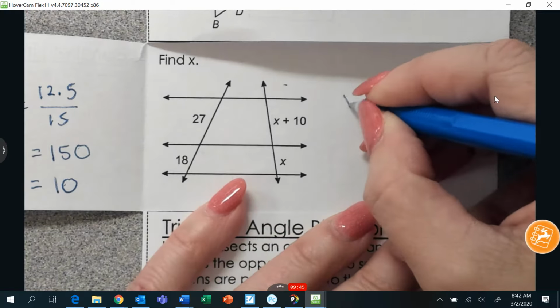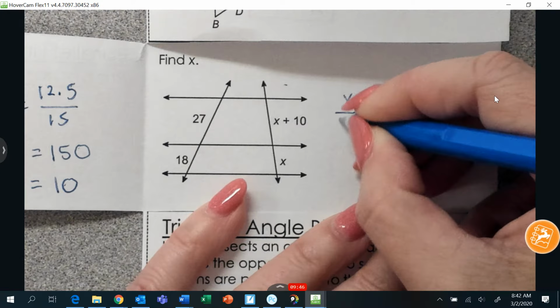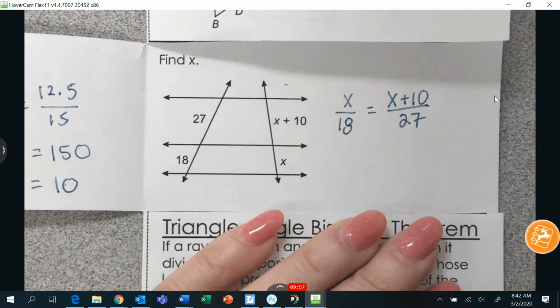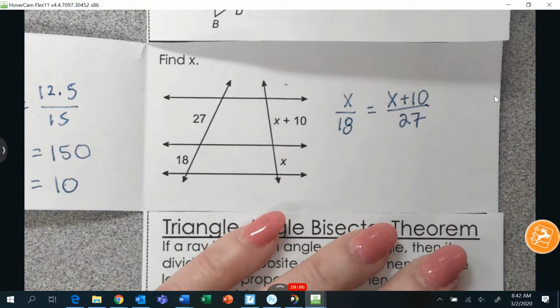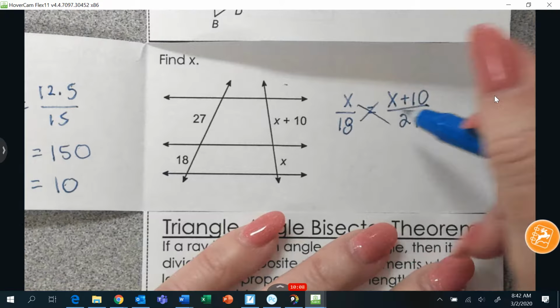Okay, x over 18 equals, cross multiply. And when I cross multiply, Matthew, there's a little trick on this one, right? Something different we didn't have.